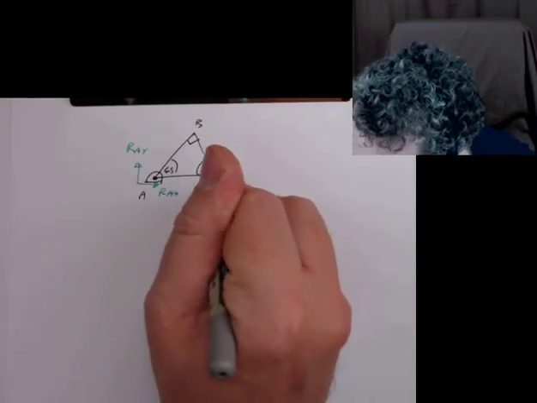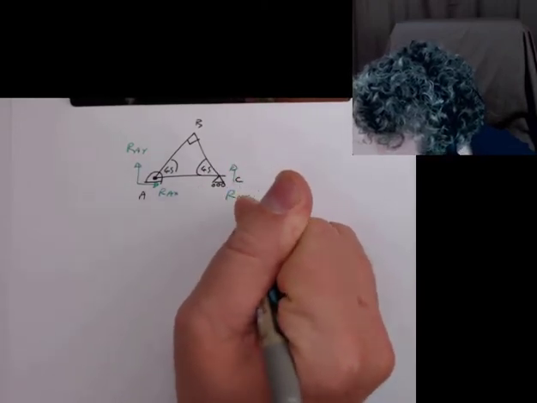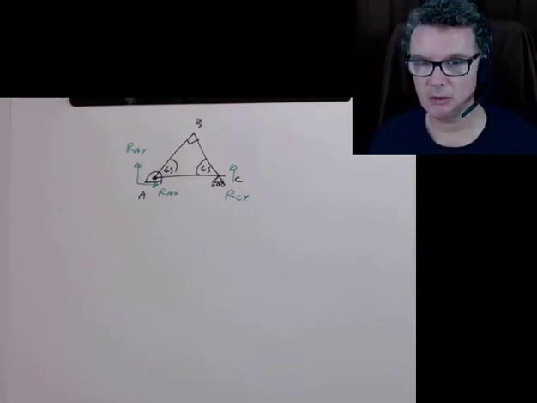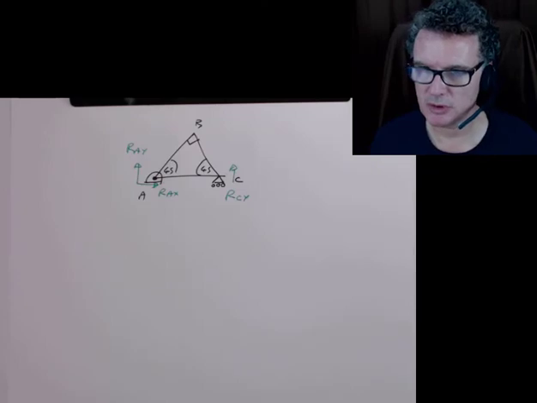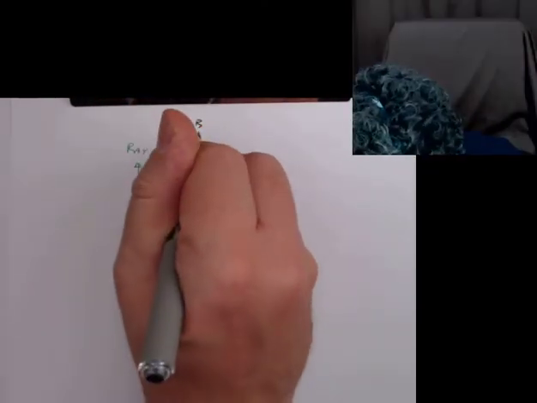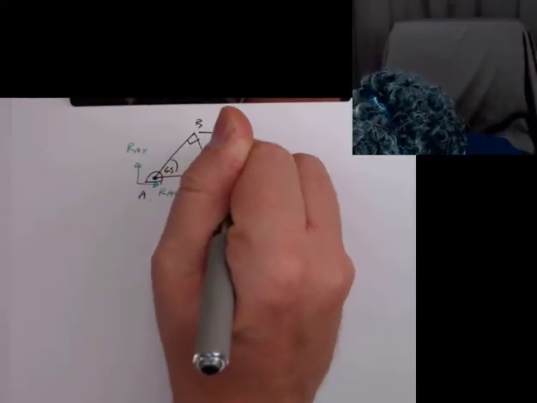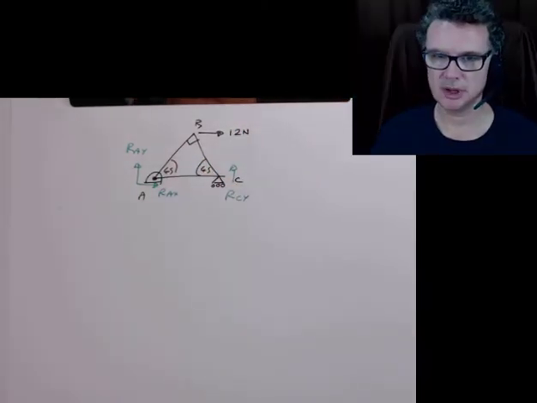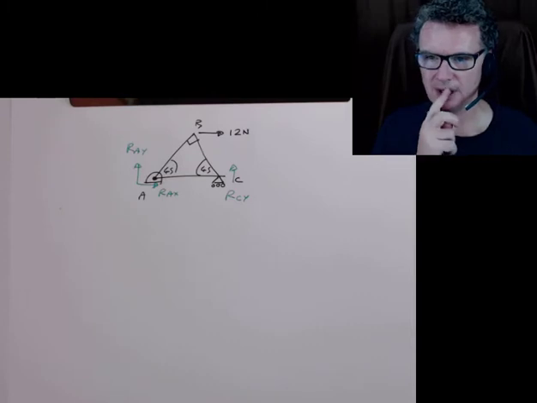We'll have a reaction here of RCY. And for my problem, I will apply 12 newtons going in this direction, so 12 newtons off in that direction. So what do I get this time?